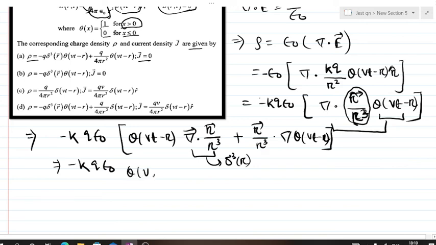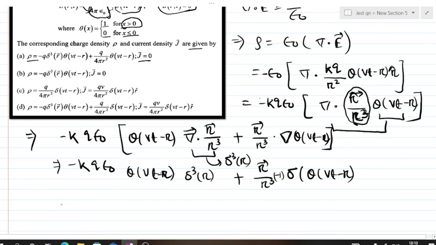Theta (vt minus r) into delta cube r, plus, and grad of the step function is also a delta function. That delta function will be delta (vt minus r), and take minus 1 common because here is minus 1.